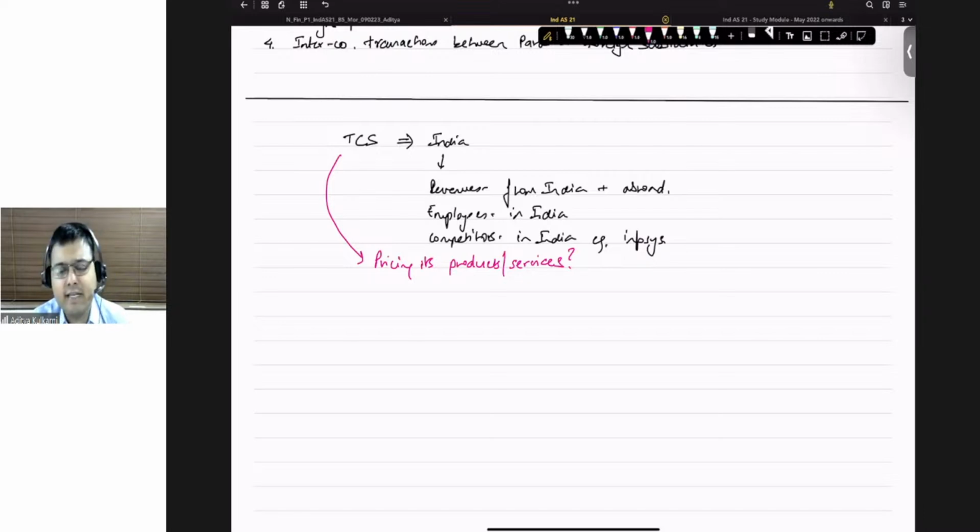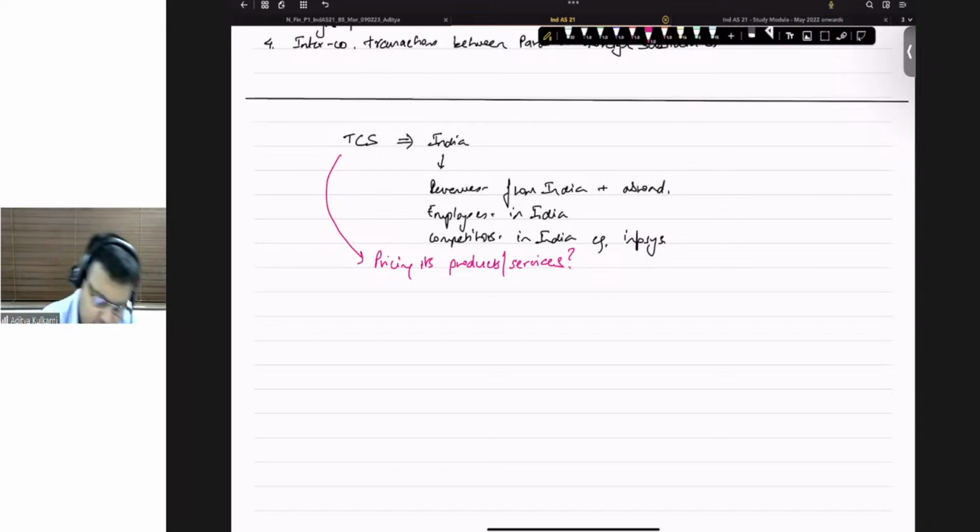Obviously, by reducing the tax, TCS can reprice its product, can reprice its services. What is the factor which is influencing such pricing? Is it the change in the tax structure within India? Or is it the fact that there is no change in the tax structure in the United States? So the answer is, obviously, the fact that you are reducing your taxes within India. As a result, you are able to reprice your products or services.